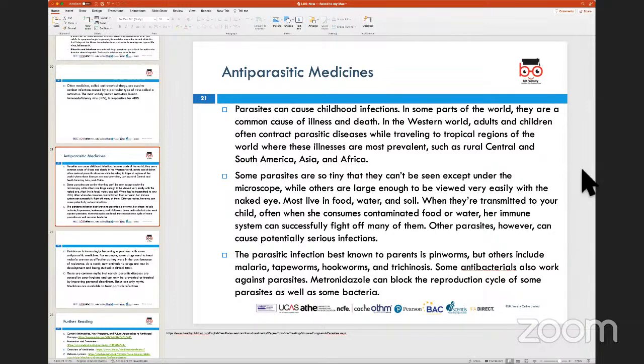In some cases, these are present on the surface or in the soil, and they can be transmitted from one person to another by contact, or orally through contaminated food and water.